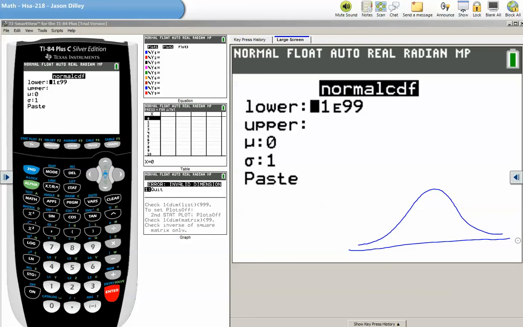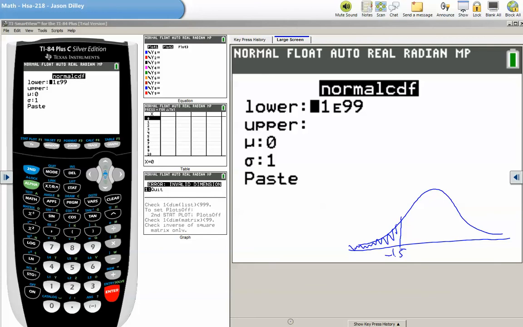Notice that it says lower and upper. We have to enter two numbers in to make this work: the lower bound and the upper bound. So let's just say, for example, that we wanted to find this point right here, which we're going to call negative 1.5, and we wanted to find everything to the left of that.